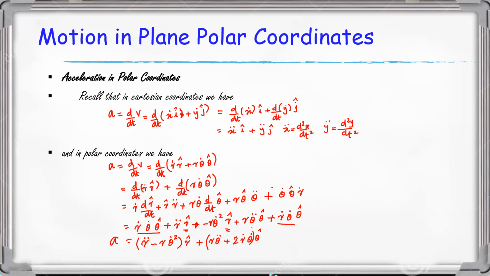Okay, so there are some other terms. First one, minus r theta dot square r cap, and another, 2 r dot theta dot theta cap. So I mentioned some terms.